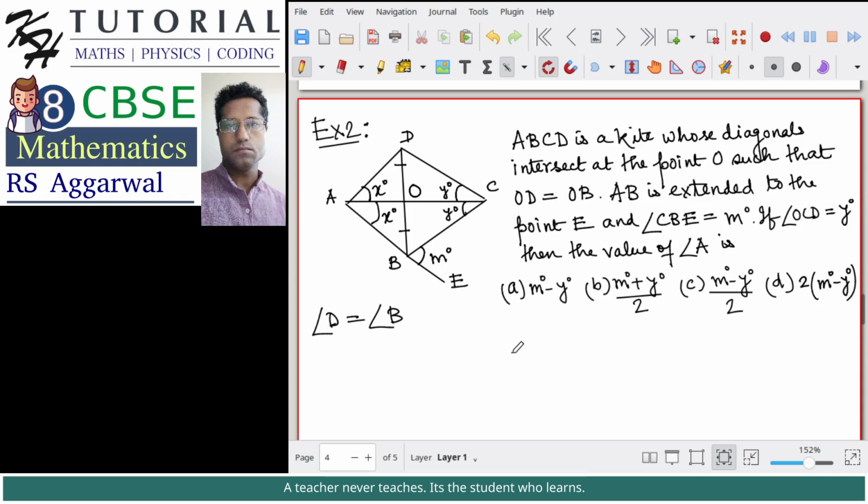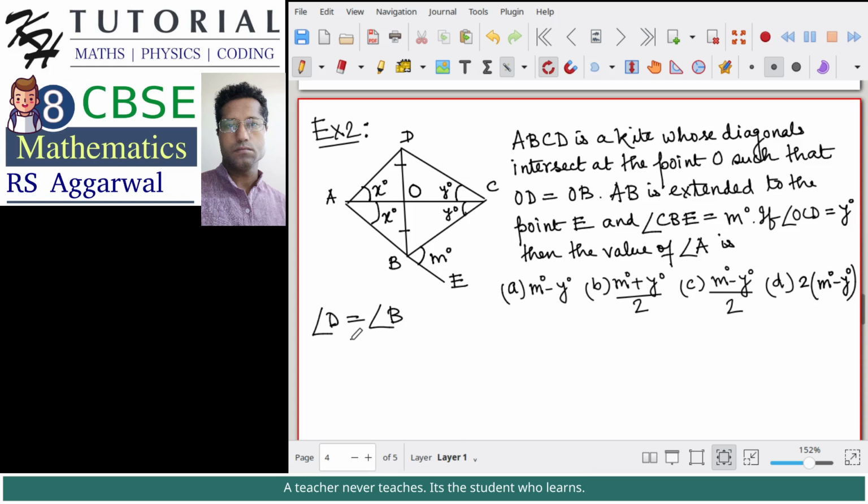CBE is M degrees, and okay, so this is the scenario. If we consider angle A has been bisected into two equal angles of X degrees, we have this scenario.